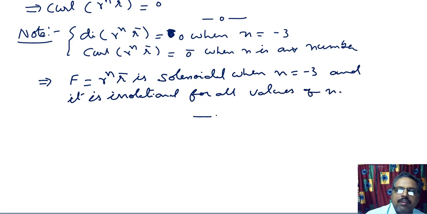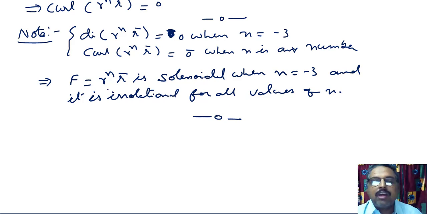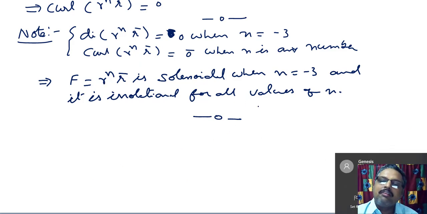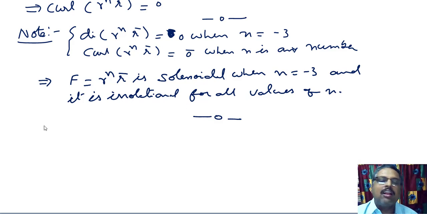Now this is very important observation. Divergence of r power n into r bar is 0 when n equals to minus 3, that is r power n into r bar is solenoidal when n is minus 3 and it is irrotational for all values of n. Sometimes you may get the same question in the examination. You will get the similar question in the examination.